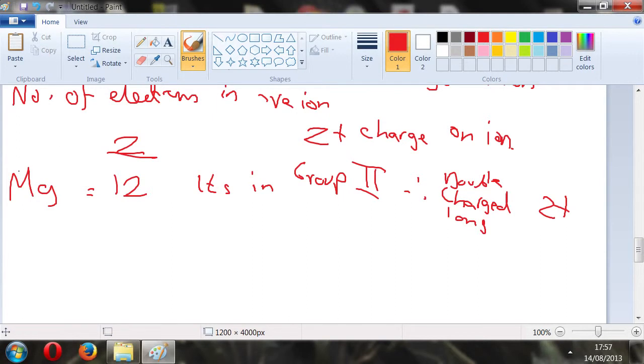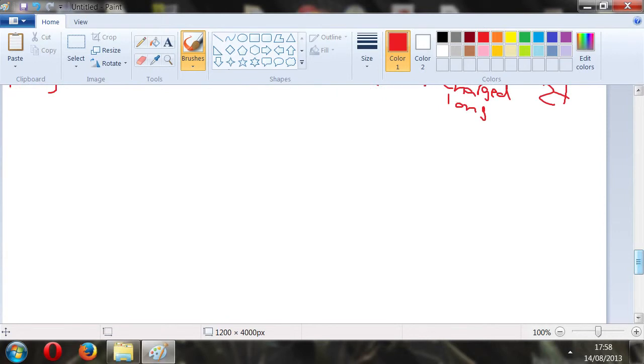So we have magnesium 25, and that's an isotope, of course.